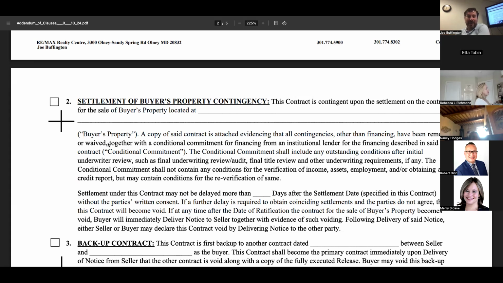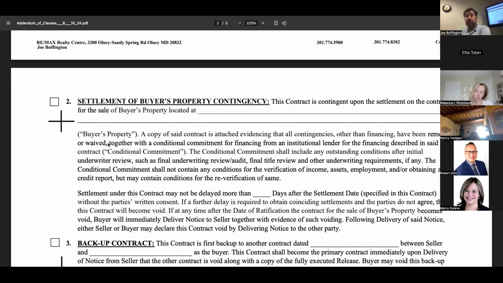Settlement of buyer's property contingency. This is one, and sometimes this gets used incorrectly. This is one where the buyer has put their home on the market, gotten under contract, gone through the inspections, everything but financing. They could have removed financing too, but they're ready to go.